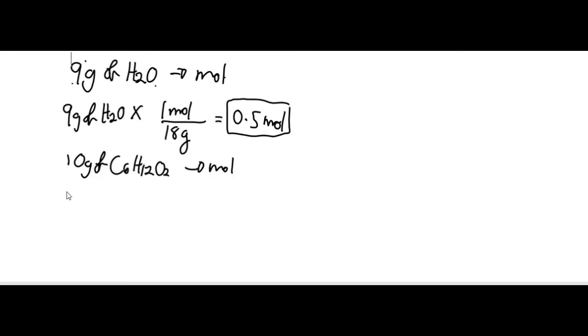So, 10 grams of glucose, okay, multiply by 1 mole over 180 grams. So where did we get 180? It's the molar mass of glucose.